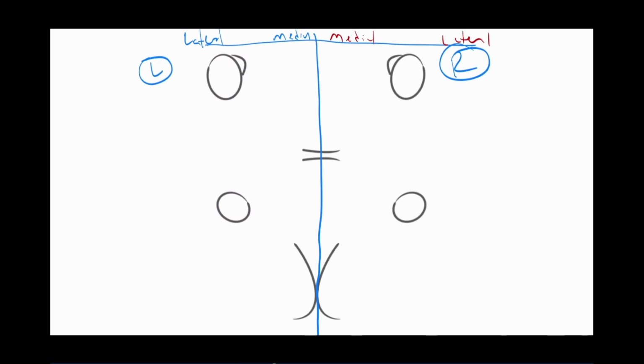I choose red and blue, so two different colors. So we have our vision, left lateral, medial views right in the middle, and our lateral views and how they come into our eye. So if I say our right lateral vision projects onto what part of the eye? The nasal side.